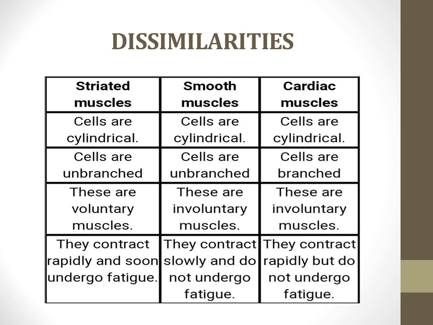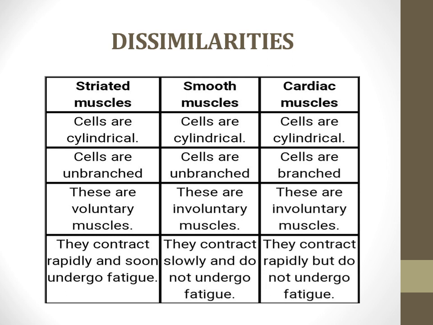Okay. Then the fourth point is, striated muscles contract rapidly and soon undergo fatigue. So if you keep working with these skeletal or striated muscles, we become tired. Fatigue means tired. Those muscles become fatigued. But smooth muscles as well as cardiac muscles keep on working and do not become fatigued, right?